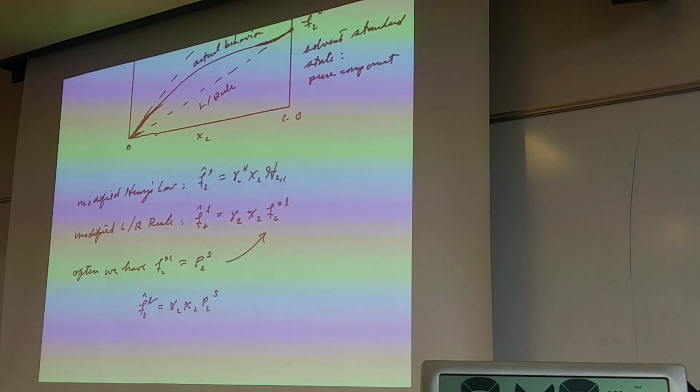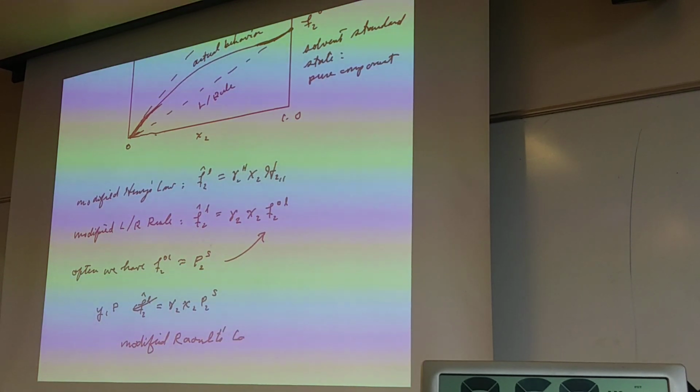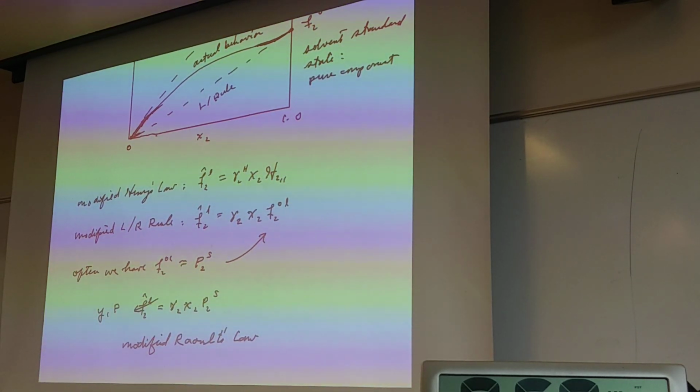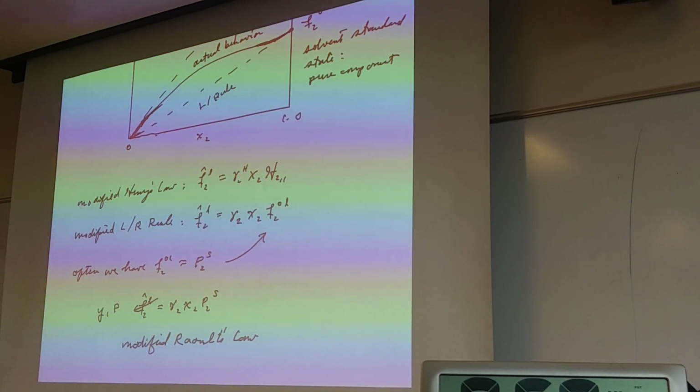If I assume I have an ideal mixture of ideal gases for the vapor over here, I have just the partial pressure, y1 P, and we get what we've been working with all along, namely modified Raoult's law. So you see modified Raoult's law is just a subset of our modified Lewis and Randall rule. But we now have the whole situation with respect to solutions described, with all of the terms having been introduced and defined.